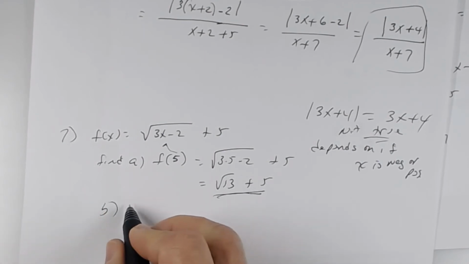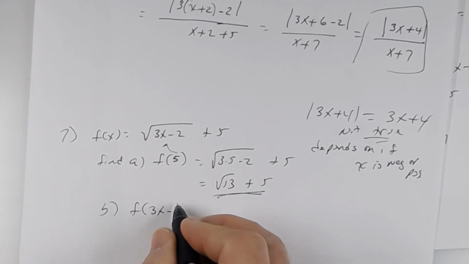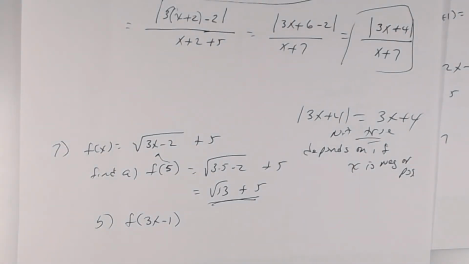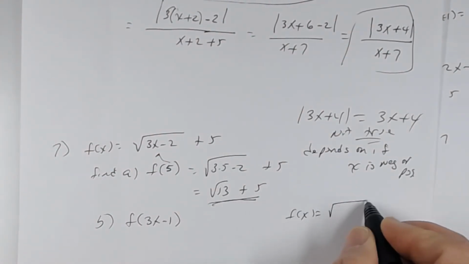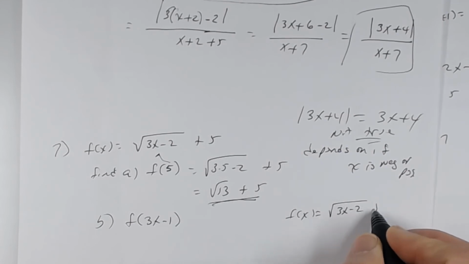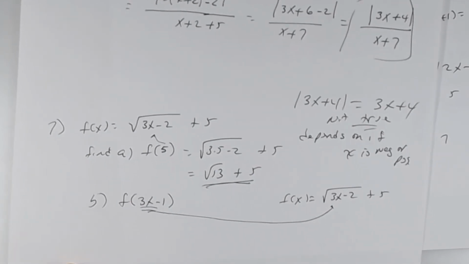Part B. F of 3x minus 1. So we're going to write this over. F of x is the square root of 3x minus 2 plus 5. So where we see the variable x, what do you substitute? 3x minus 1.